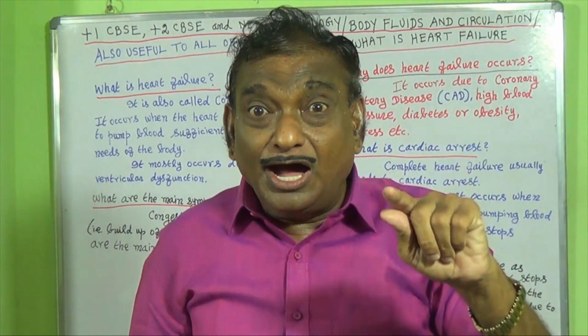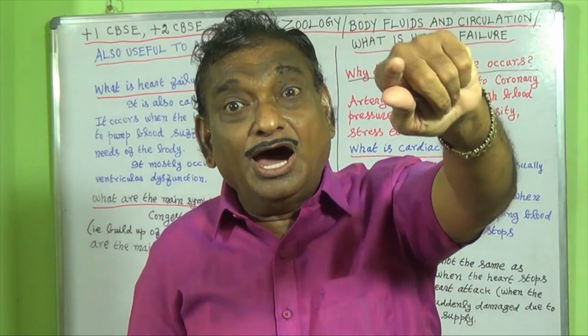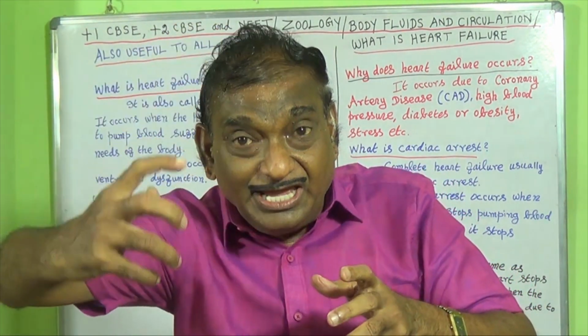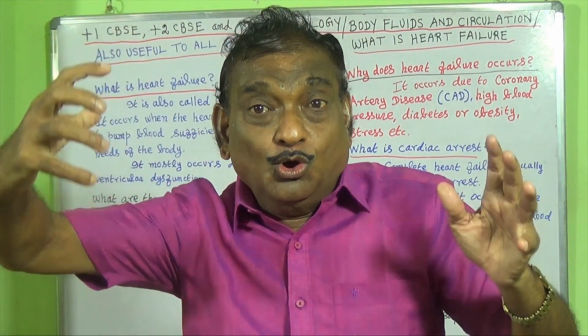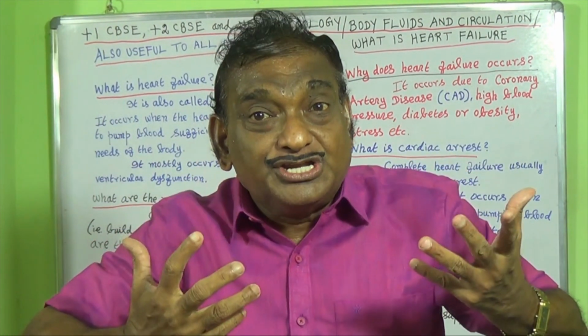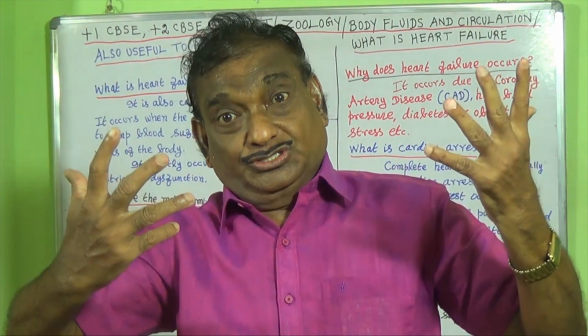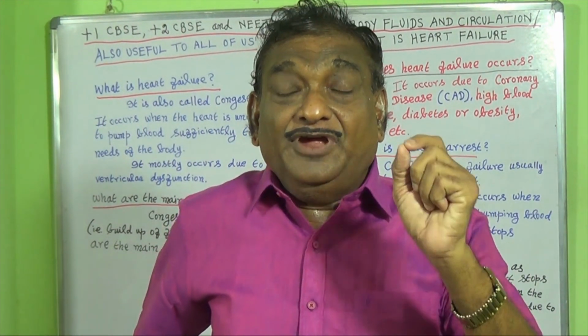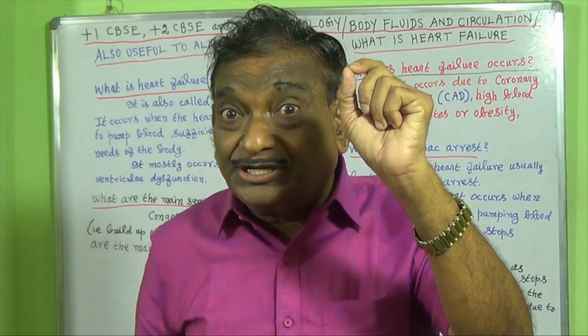Even though they are situated above the heart, it has to pump blood to this head, brain, shoulder and our face and all other portions above the heart. So the function of the left ventricle is very, very important.